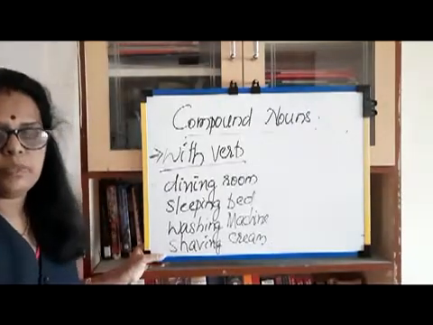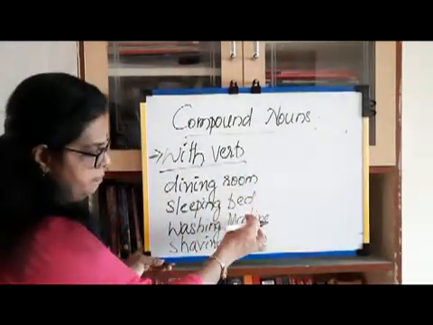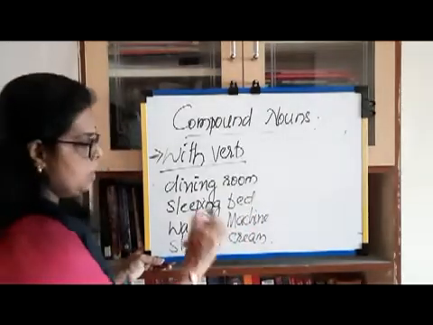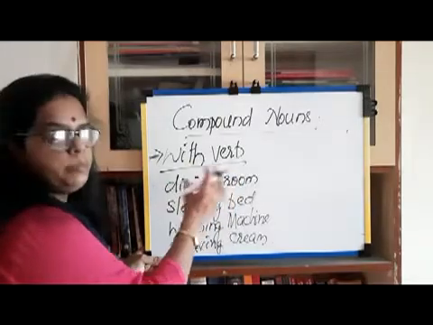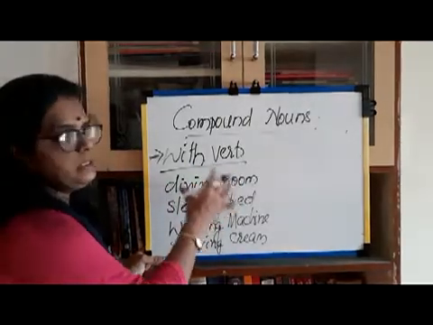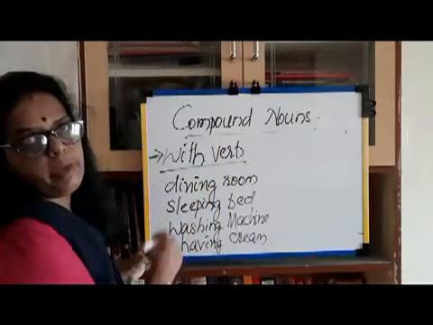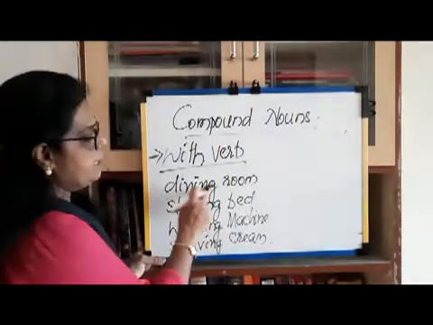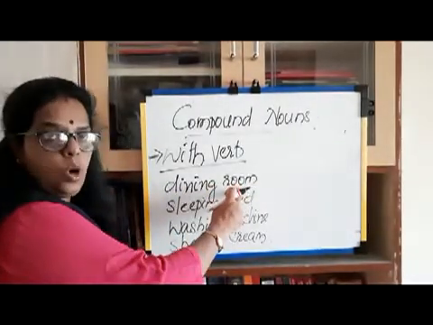These are verbs. Okay? With the verb, we can use the nouns: room, bed, machine and cream are nouns. So with the nouns and verbs, they can join and we will get compound nouns. So dining is a verb and room is a noun, so dining room is a compound word.